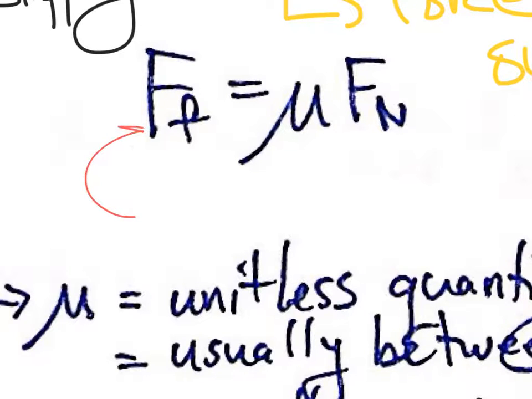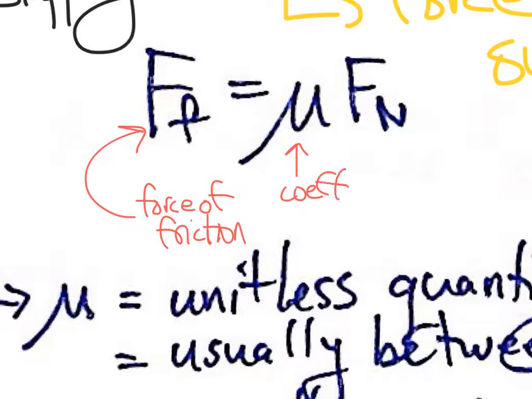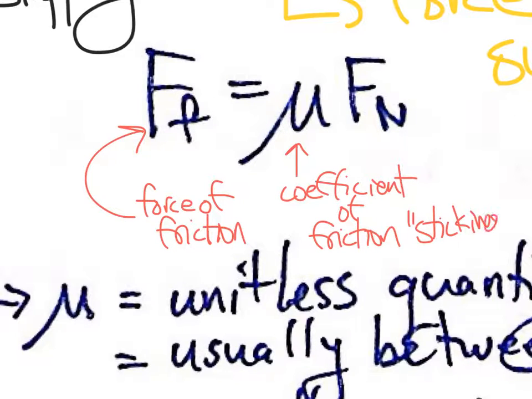And I like how physics takes this common sense and puts it into mathematical language. We can say force of friction is equal to the coefficient of friction, a measure of how sticky the surfaces are relative to one another, and I'm just going to abbreviate by stickiness, times the normal force.